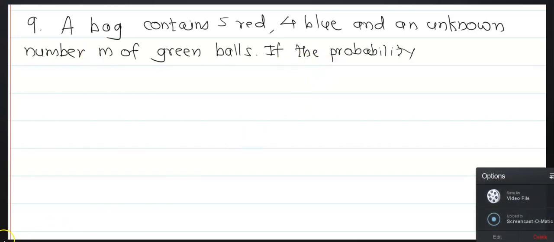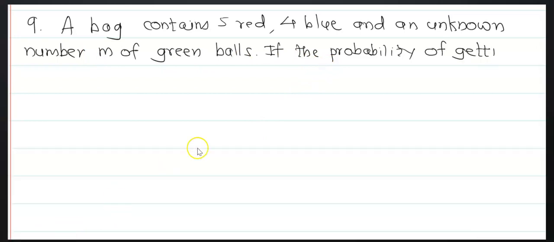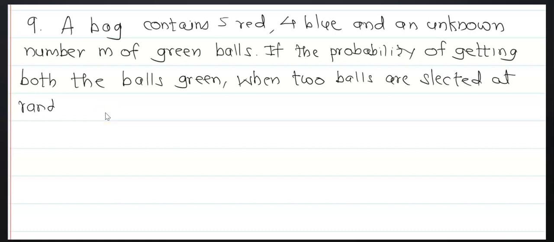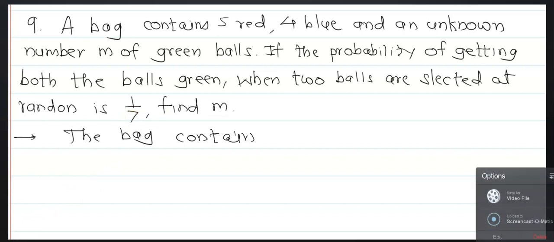If the probability of getting both the balls green when two balls are selected at random is 1 upon 7, find the value of m.